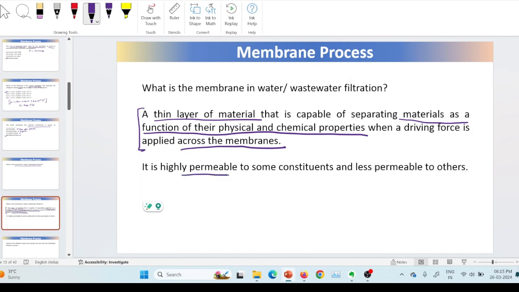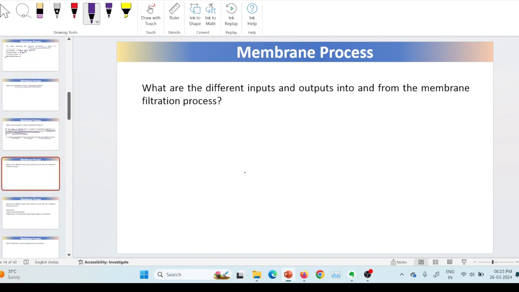It is highly permeable to some constituents but less permeable to others. This is the property of a membrane.